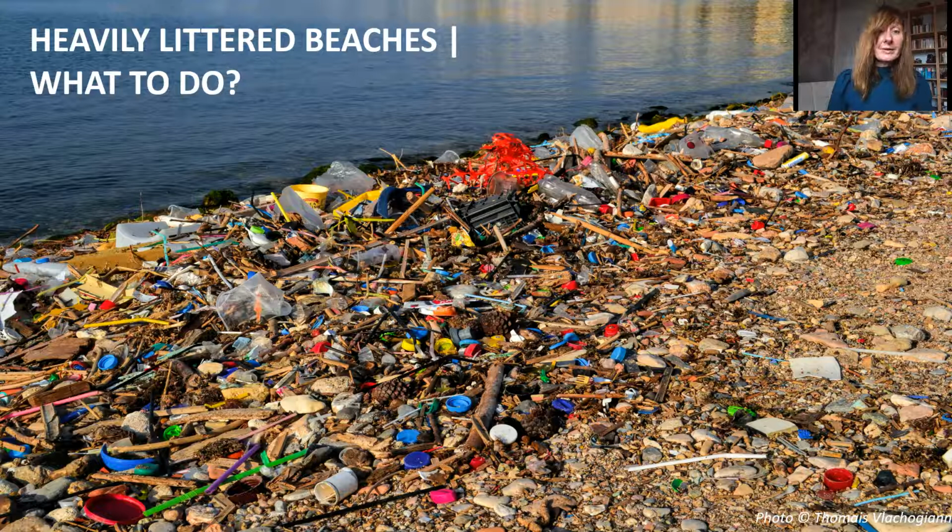Of course, there are instances where we will encounter very heavily littered beaches, and surveying a 100-meter stretch might be very demanding when it comes to human resources and the time that needs to be invested in order to collect and classify all the litter items. In that case, it is recommended to survey a 50-meter stretch of beach.